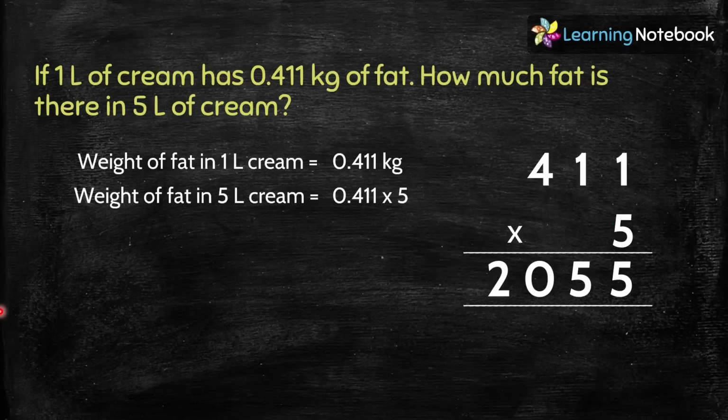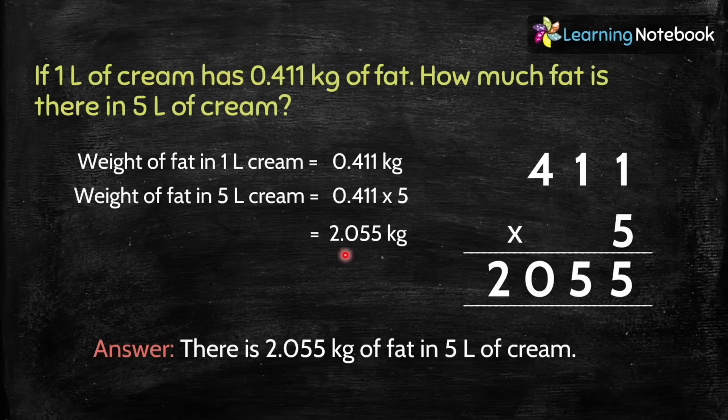And we get the product as 2055. Now the given decimal number has 3 decimal places. So we will put decimal point in the answer after 3 decimal places. So answer is 2.055 kilogram. We will write the answer statement. There is 2.055 kilogram of fat in 5 liters of cream.